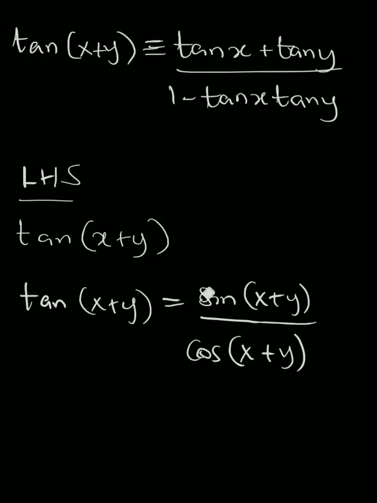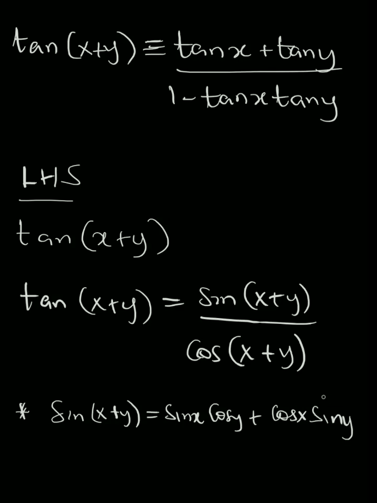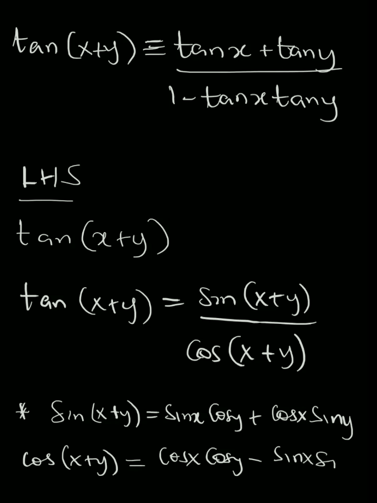So sin(x + y) is the same as sin x cos y plus cos x sin y, and cos(x + y) is cos x cos y minus sin x sin y.